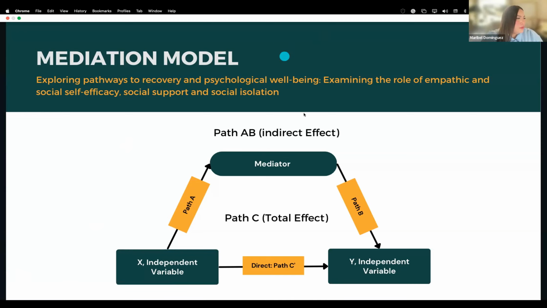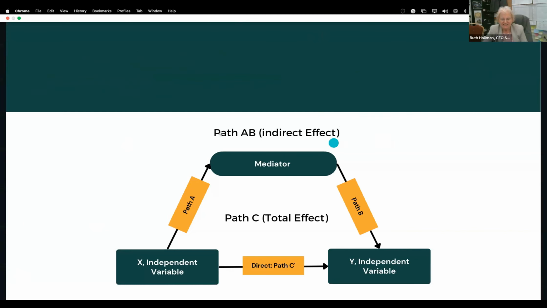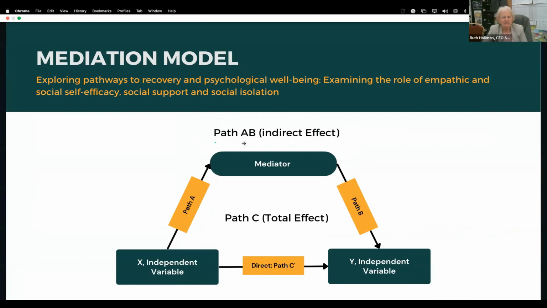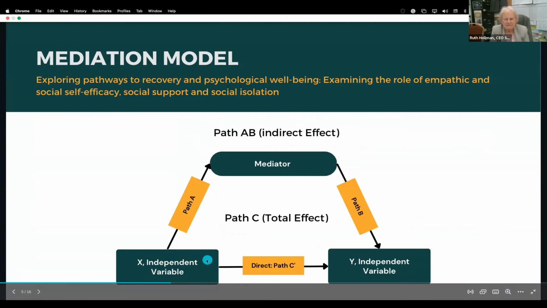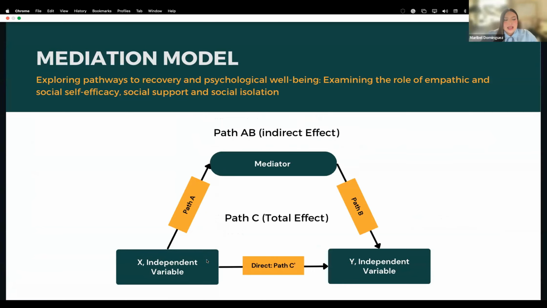In terms of path A, path B, I got path C. This is going directly there, but why do you need a path A and a path B? Path A, because we want to assess the magnitude of the effect of each variable and each relationship.